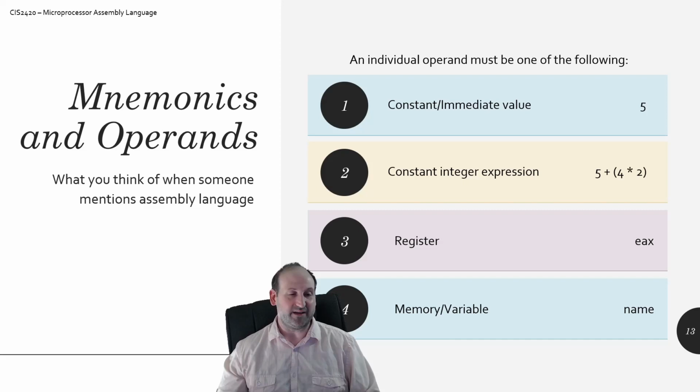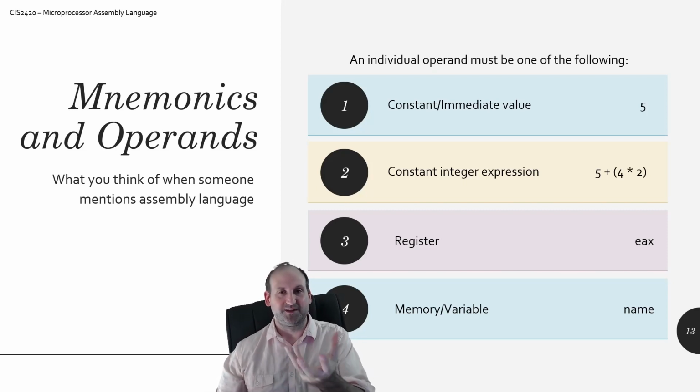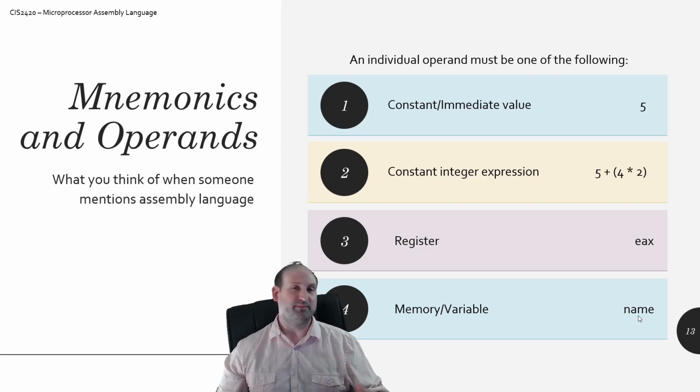You don't get to rename them or anything like that. And the third type of operand you can have is basically memory, a variable, a memory address in RAM that holds some kind of value. In this case, I named it, it's called name. It could be called X or Y or total or sum, you name it. The computer can reduce it down.